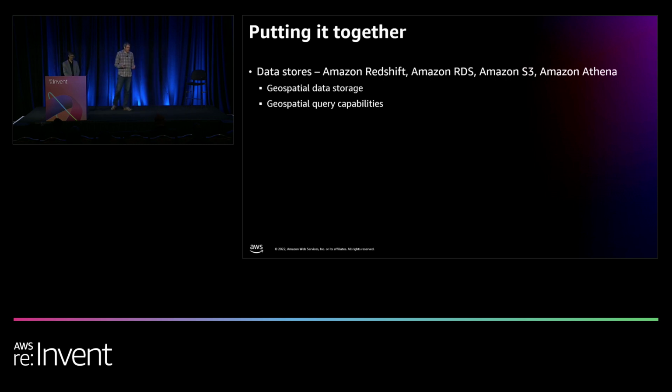And we can achieve these geospatial functions by using data storage such as Amazon Redshift, Amazon RDS, or S3 with Athena. All of these data storage systems include these geospatial functionalities. They also include other geospatial unique standards such as spatial indexes and perhaps dealing with projections if that's something you need to do with your data.